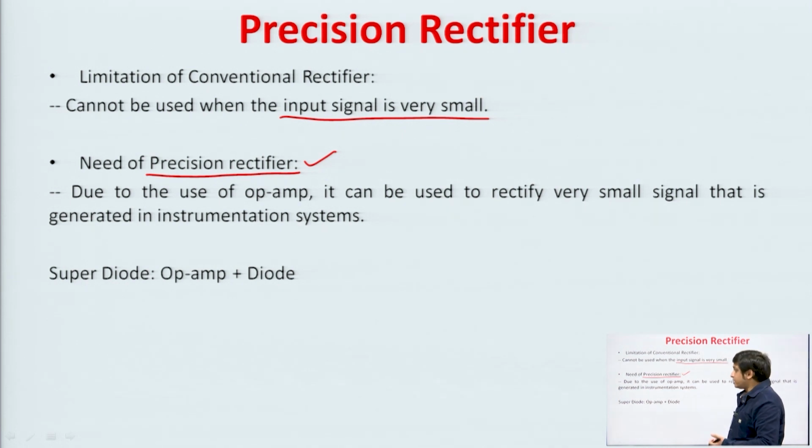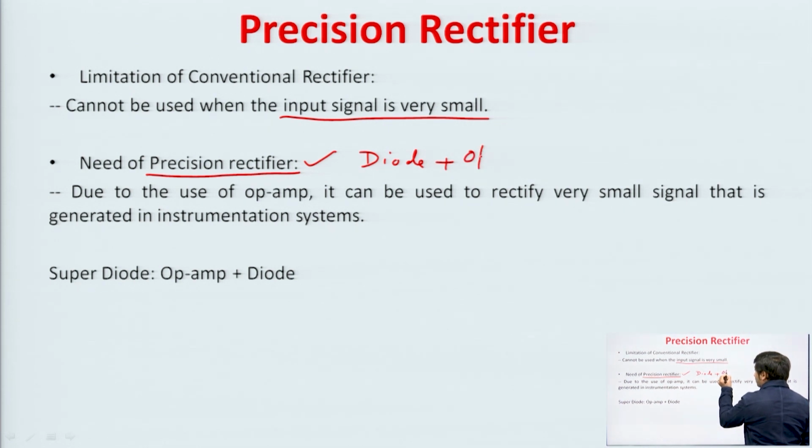Now, how does this precision rectifier work? In a precision rectifier, along with the diode we use an op amp, but in a conventional rectifier we do not use an op amp, we only use diodes. Like in a half wave rectifier we use one diode, in a full wave bridge rectifier 4 diodes are required, but there is no op amp there.